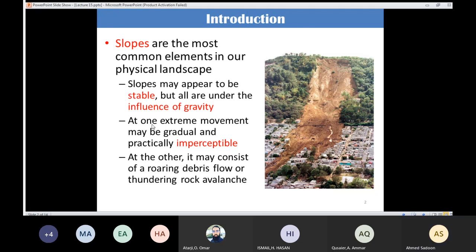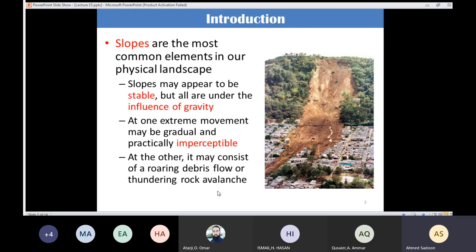So at one extreme, movement may be gradual and practically imperceptible, which means that it's difficult to see any changes. In that case, we are safe. And at the other end, it may consist of roaring debris flow, or thundering rock avalanche.